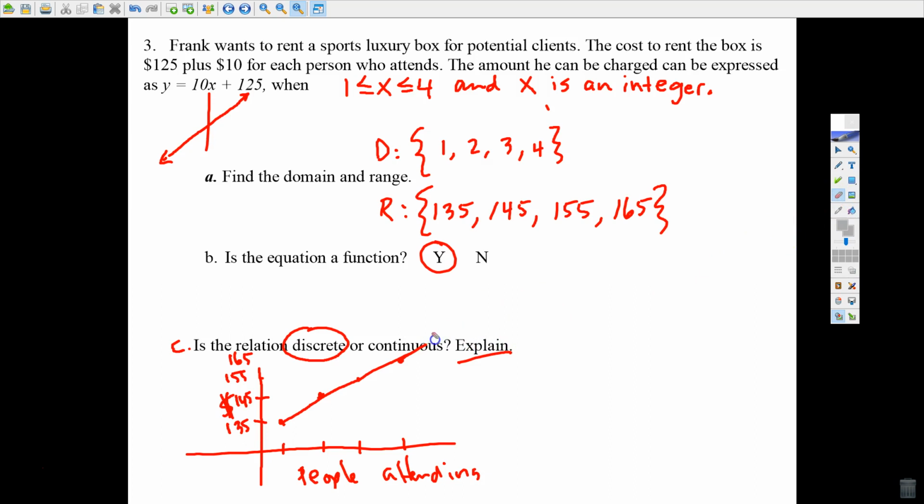Even if it didn't continue on and on forever, it would still be continuous because it's based on this particular domain. This can't go on and on forever. So this would be a continuous situation. This, however, is discrete because we have gaps or breaks in our line. All right, so that is your complete answer.